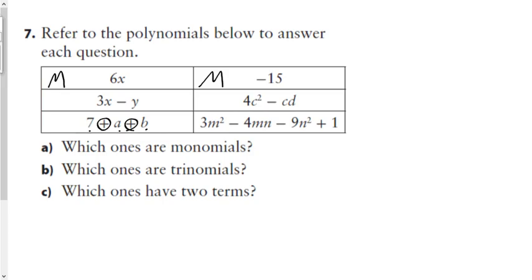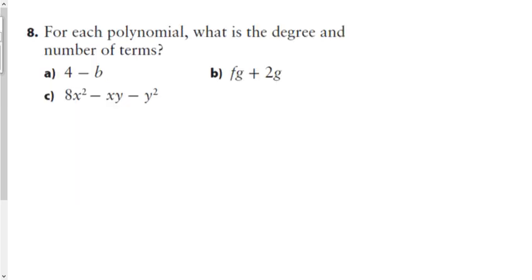This is a trinomial. That's it. And which ones have 2 terms? This one has 2 terms, making it a binomial, and this one has 2 terms, also making it a binomial. The last one is just a polynomial, 4 terms.